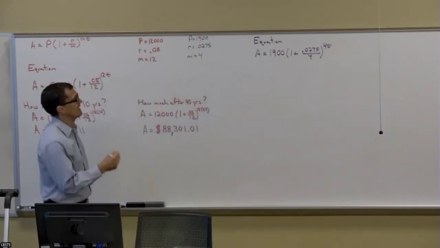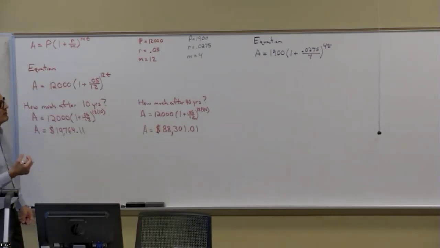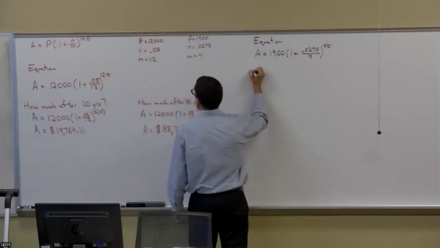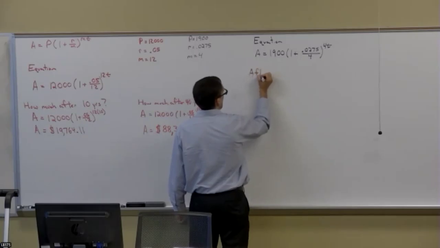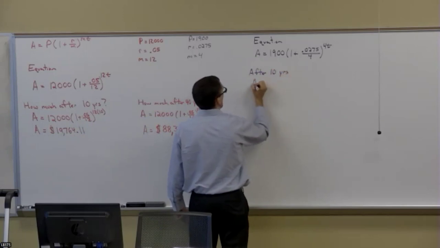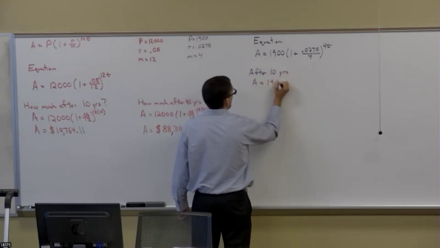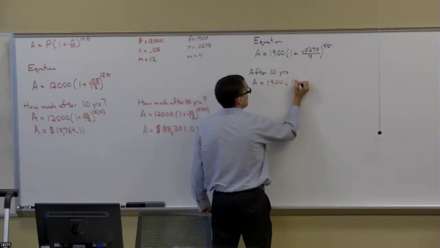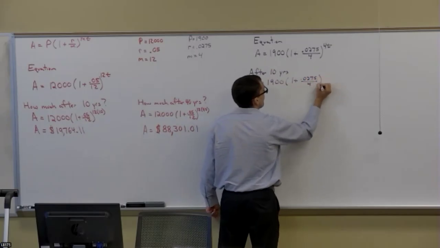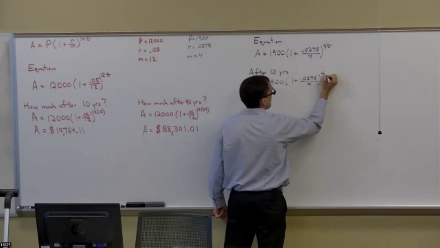So the equation I get is that A equals 1,900 times (1 plus 0.0275 divided by 4), all raised to the 4t power. If we're talking about what's going to happen after 10 years, then the amount in this account after 10 years will be whatever we get when I plug in a 10 for t.